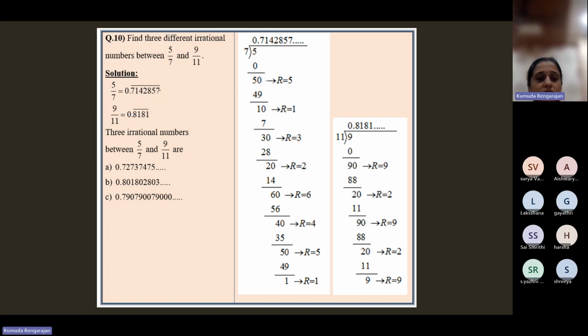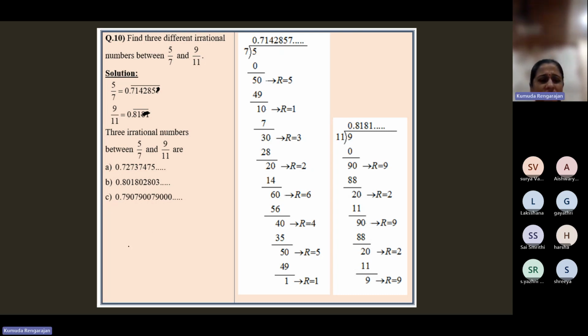So what have I written? 0.72, I made sure that it's between these two, 0.71 and 0.81. So 0.72, then 73, 74, 75, and then dots. It goes on like that, 72, 73, 74, 75, 76, 77, 78.